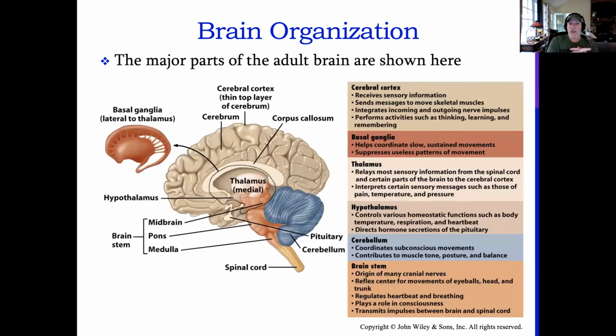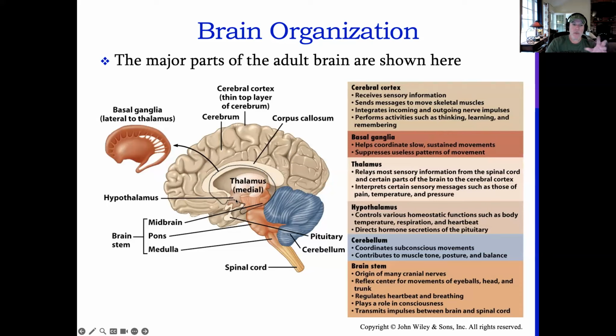So here's a good mid-sagittal section diagram of the brain itself, similar to what you'll see in lab. This just gives you an idea as to where all these different parts are. You got your cerebellum out here, you got your cerebrum back here, brainstem here, and the diencephalon is going to be this general area right here.